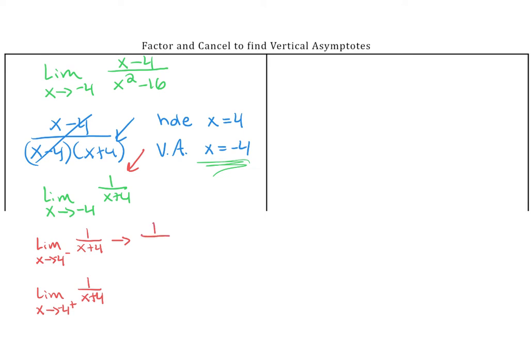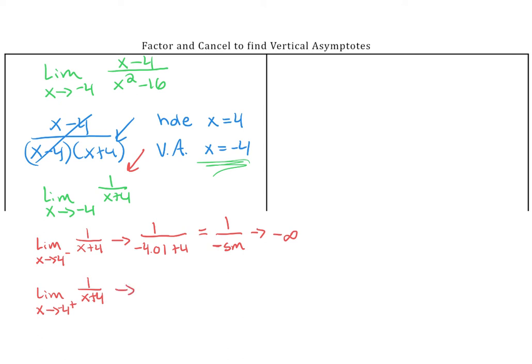So 1 over negative 4.01 plus 4. Well, that's going to be 1 divided by a very small negative number, so that will go to negative infinity.